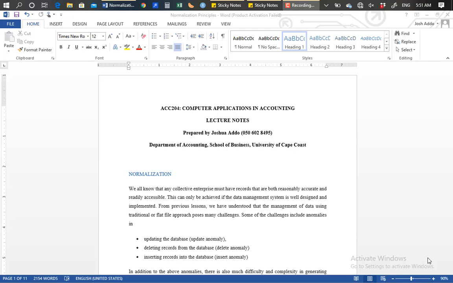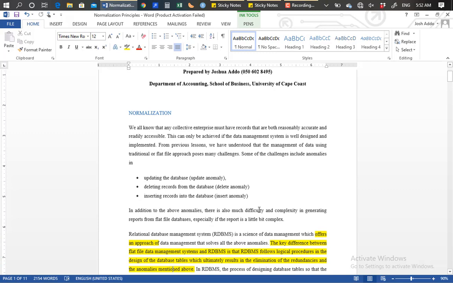And if you look at the lecture notes, you will see that we have captured these three problems here. You have updating, or what is normally referred to as update anomaly. We also have delete anomaly and insert anomaly. These are the major problems with flat file data management systems.